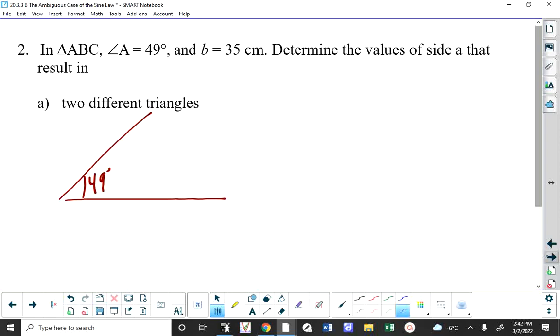So this is 35. To get 2 different triangles, we need a length that is larger than the height, so that it will clip that bottom line in 2 places. So we need to find the height.